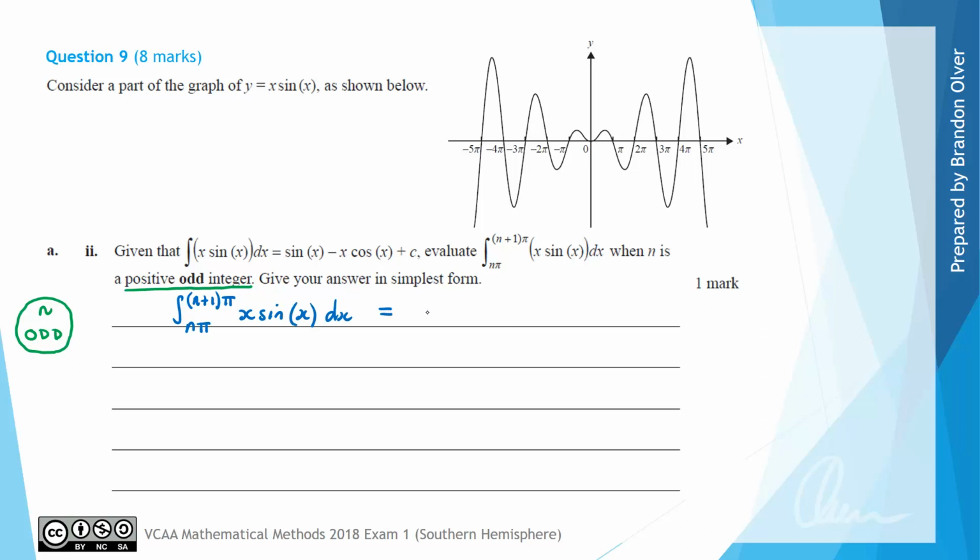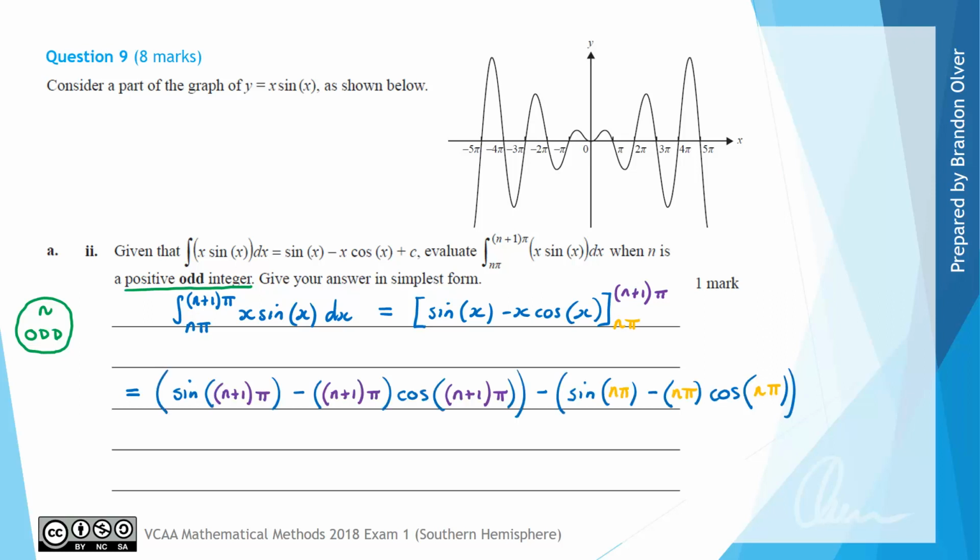And we know that that is equal to the antiderivative, which is sine of x minus x cos of x evaluated between n pi and n plus 1 pi. So as with the previous question, we're just going to substitute in the upper limit and then subtract away the lower limit substituted in. So that will give the following.